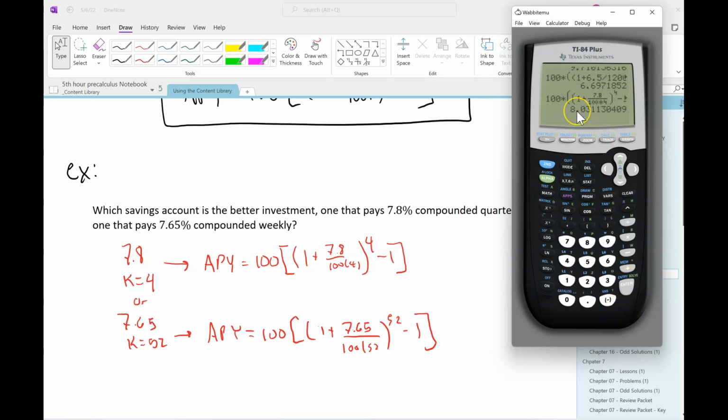So the first one is 8.03% for the first account. For the second one, I need to go back and change that 4 to a 52, and that 4 to a 52, and then change that 7.8 to a 7.65. So the other is 7.94%.